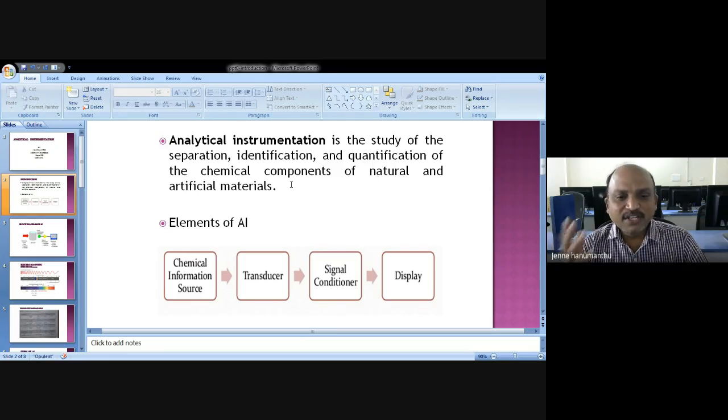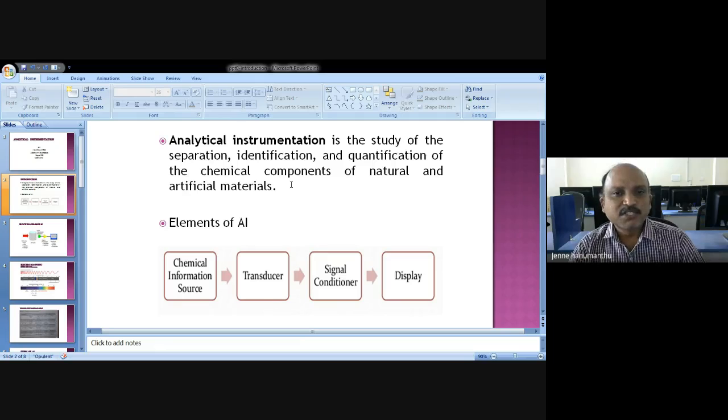How are you easily measuring all these industrial parameters available in the industries? With the help of instruments. So it is named industrial instrumentation.